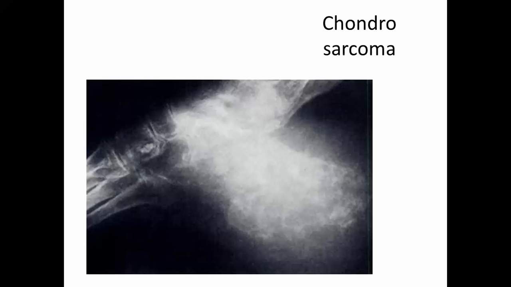And here we get the malignant process showing irregular calcifications within the soft tissue component of the tumor, and the matrix here is of chondroid origin, seen as curved lines, flecks, mottling and rings, and this is chondrosarcoma.